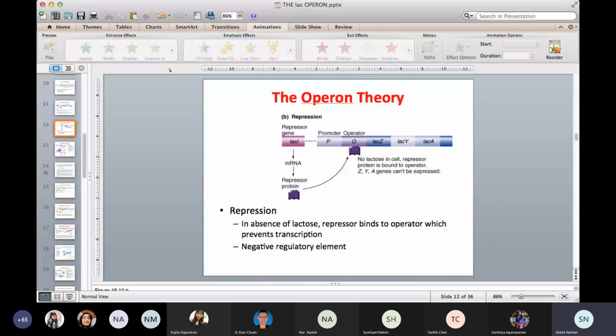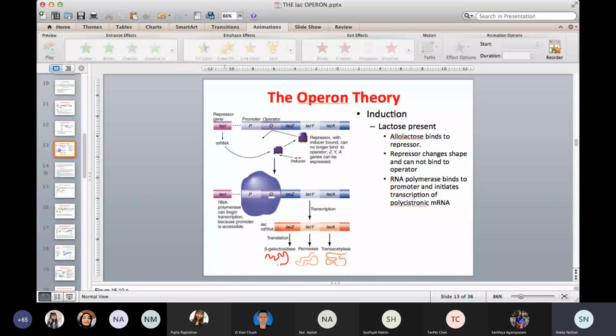So if you can see from this diagram now, what I described to you earlier, I said that the repressor has a rectangular shape up here so that it can fit nicely into the rectangular space in the operator. Now, when the allolactose is present and binding to the repressor molecule, the repressor changes shape. You can see it is no longer rectangular.